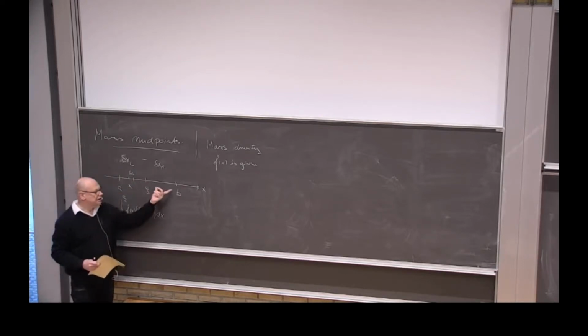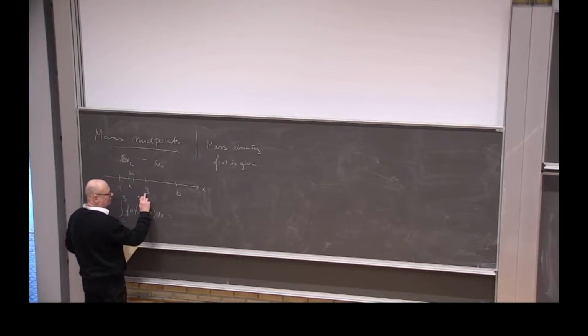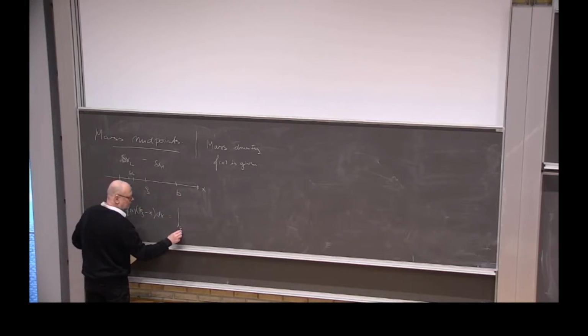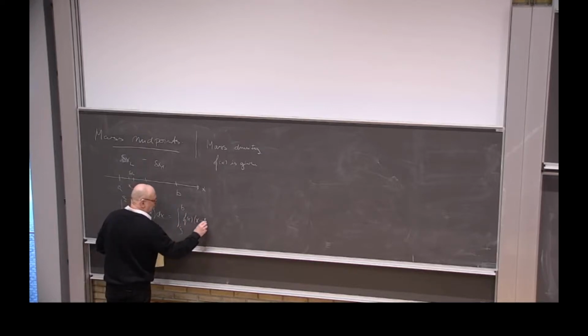And this should of course be equal to the moment of this part around this point. So this will be the integral from C to B of f(x) times x minus c.